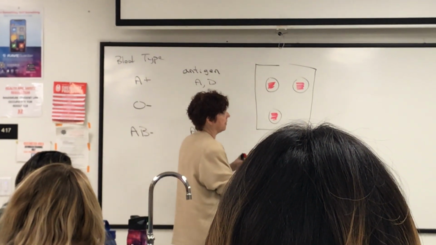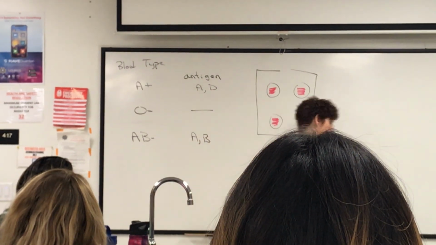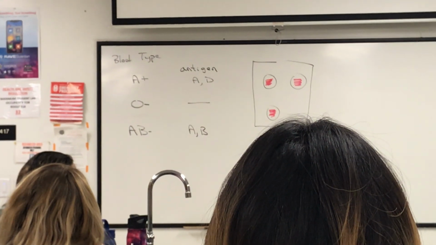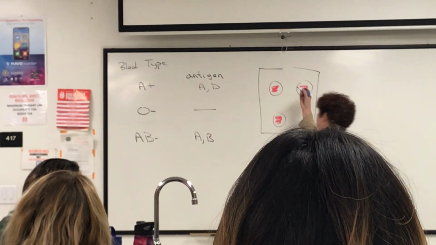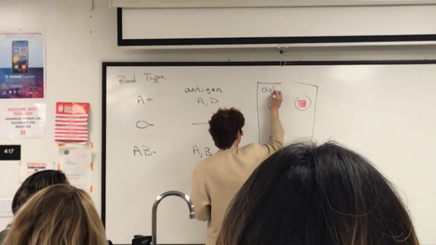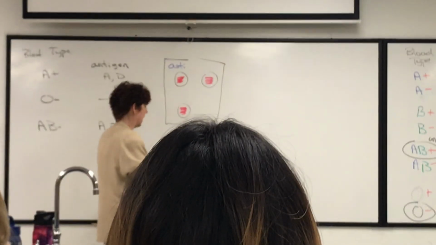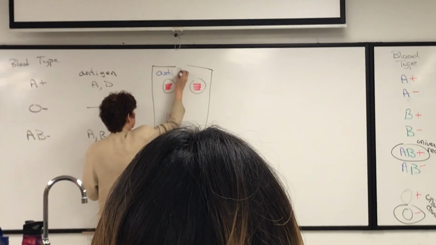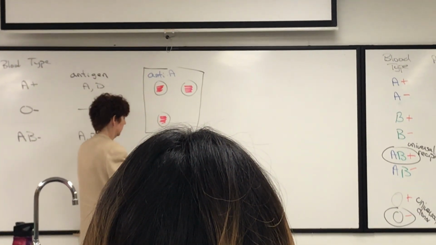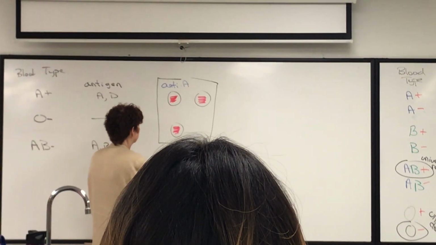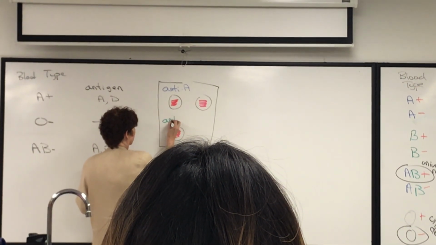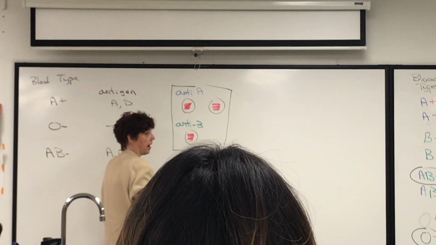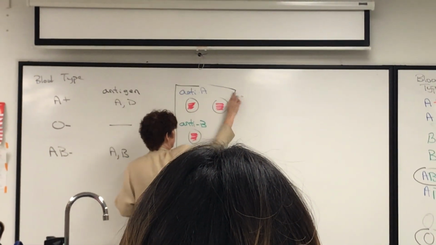So we add antibodies. We have a dropper bottle, and we add antibodies against A here. And we add antibodies against B. And in the upper corner, we add antibodies against the Rh factor, which is the D antigen.